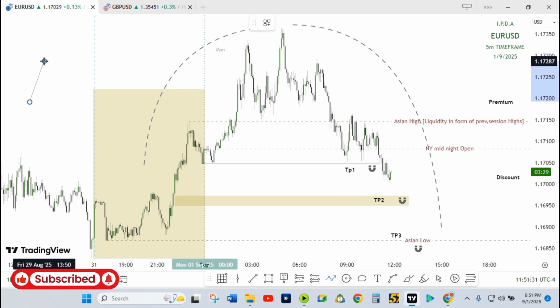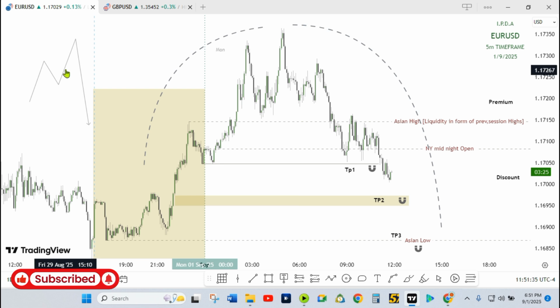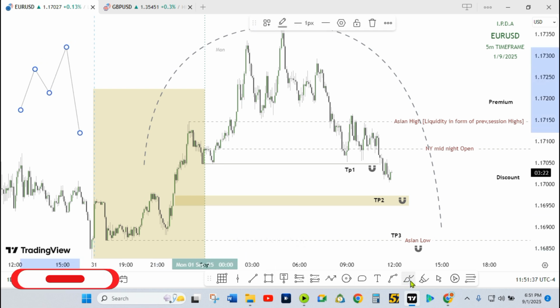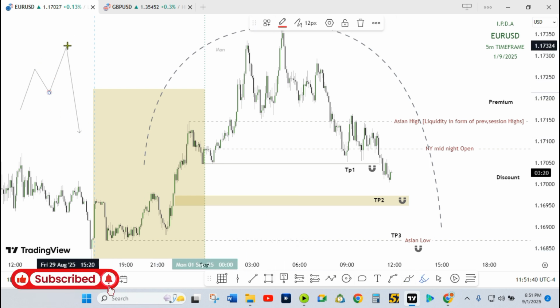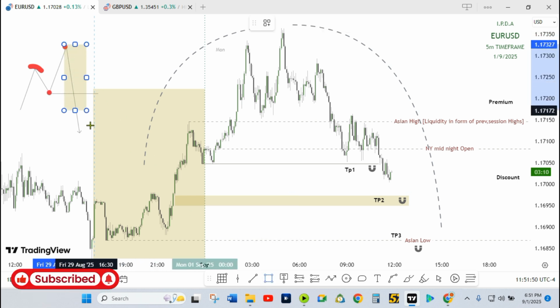I need to see the ICT 2022 model, where the key story is I want to see this low broke the high, and this low that blocks these highs get broken. After being broken, I need to see displacement inside this leg.